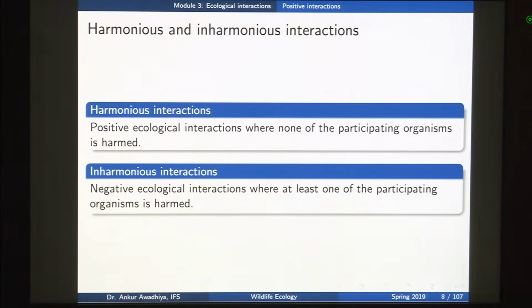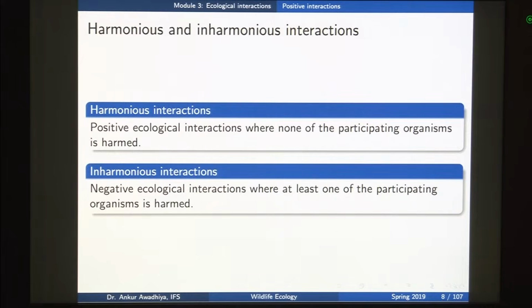The next thing is harmonious and inharmonious interactions. Now, harmonious means something that is in harmony, or positive ecological interactions. So, how do we define a positive or harmonious ecological interaction? It is an interaction where none of the participating organisms is harmed, whereas inharmonious interactions or negative interactions are those interactions where at least one of the participating organisms gets harmed.